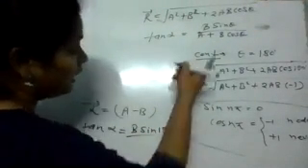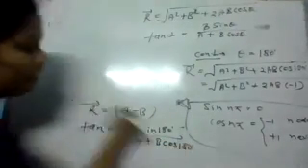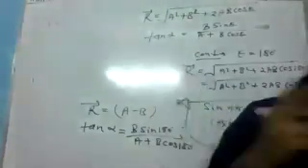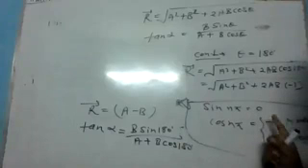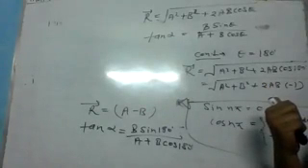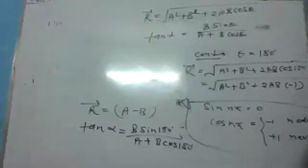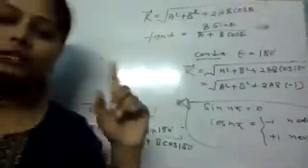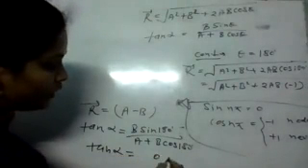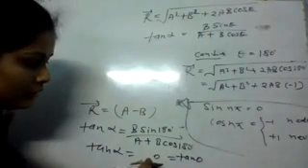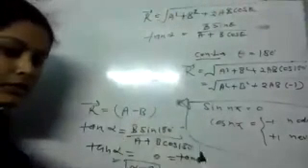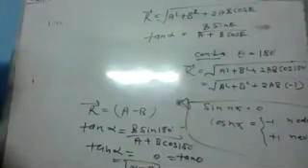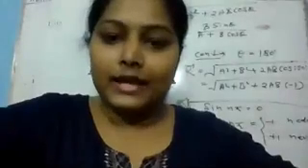Now let's see the direction. tan alpha equals b sin 180 upon a cos 180. Solve this, put the values. What is the value of sin 180 using this trick? It is 0. So what will be your direction? 0. So in case of 180, tan alpha comes out as 0, so alpha equals 0. In 180 degrees alpha equals 0, and in 0 degrees alpha also equals 0, right? So in this case the resultant will be in the direction of the bigger vector.